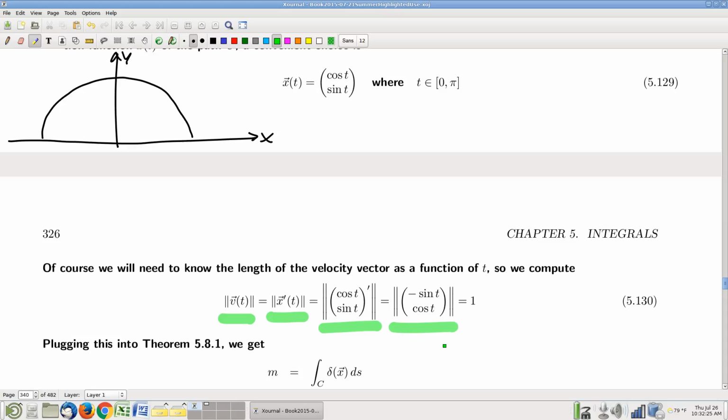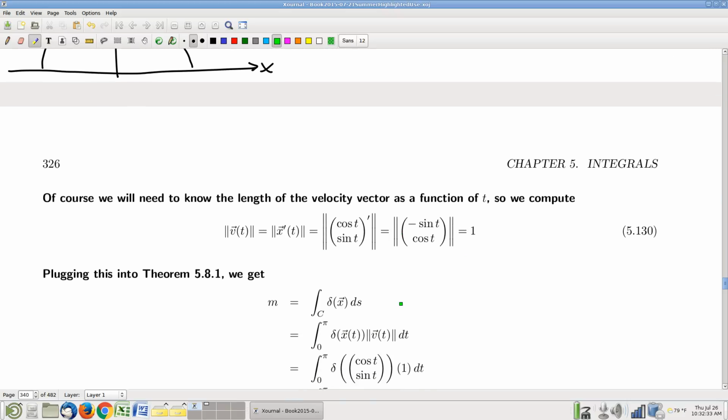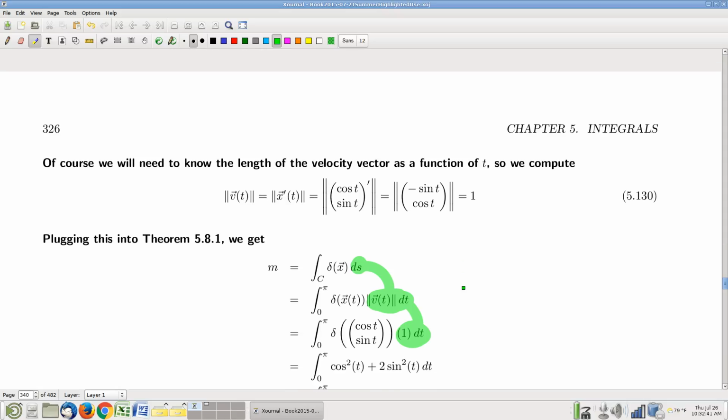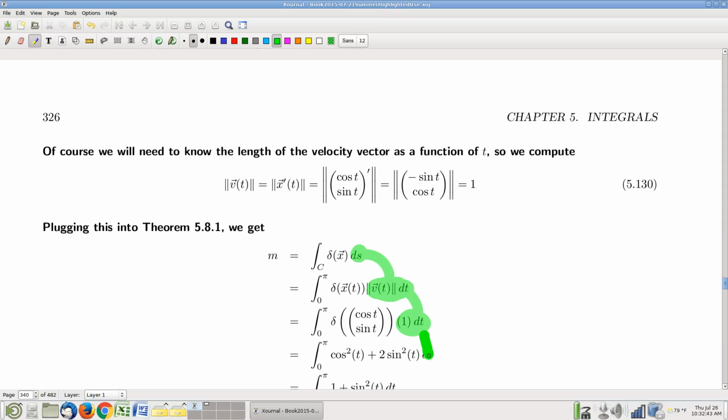Now I take the magnitude of that vector, and very conveniently, that's 1. So ds, which is speed times dt, is just dt. That make sense to everybody?